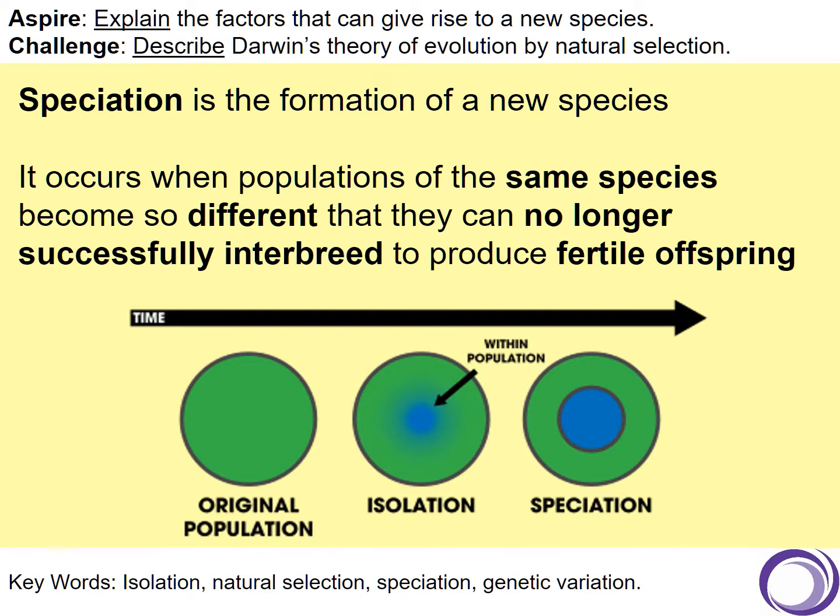These may be different from the alleles that gave success in the original environment. As a result of these different advantageous characteristics being selected, there'll be greater variation between the populations. Eventually, the characteristics will change so much that individuals from one group can no longer interbreed to produce fertile offspring with the other population. And we say a new species has been formed and the process of speciation has taken place.